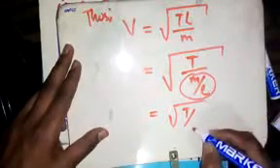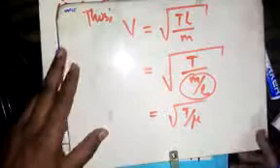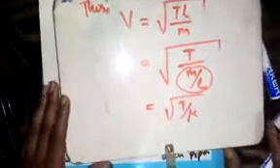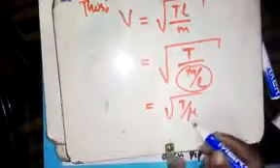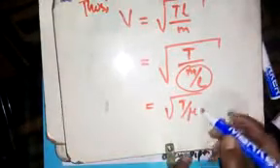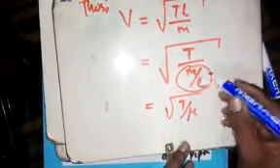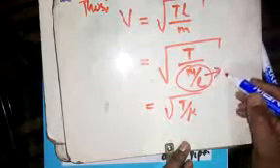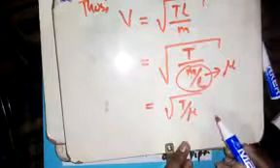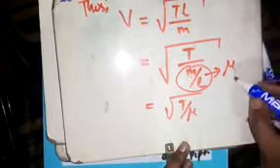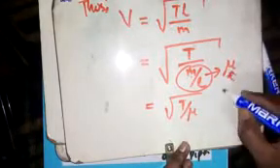This factor is called mu, mass per unit length. Therefore, the equation changes to V equals under root of tension over mu, where mu is equal to the ratio of mass over length. This is mass per unit length. Its physical meaning is the thickness of the string.